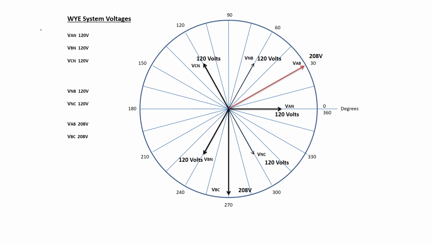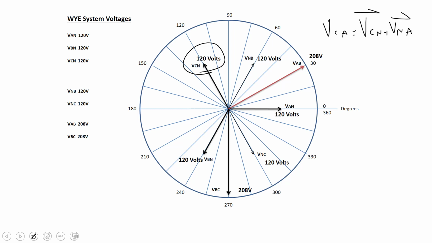Let's go ahead and add this up. I've got voltage CN already. I have to determine where voltage NA is. So I'm going to write that formula out again off to the side here. Voltage CA equals voltage CN plus voltage NA. Voltage CN is 120 volts at 120 degrees, plus voltage NA.